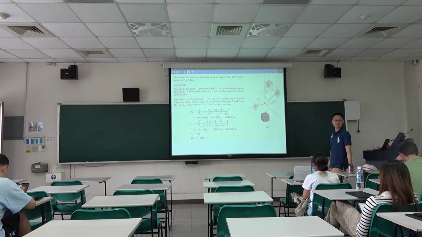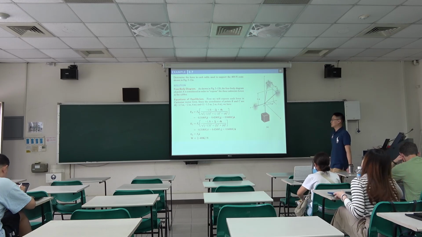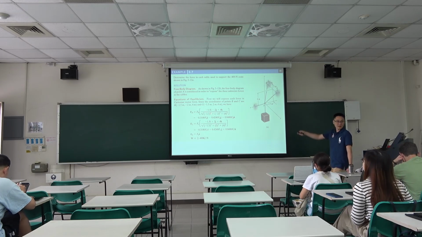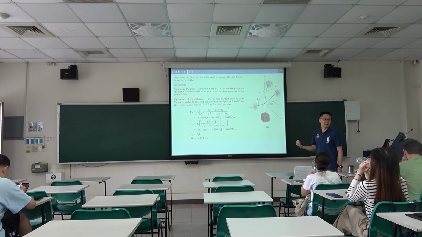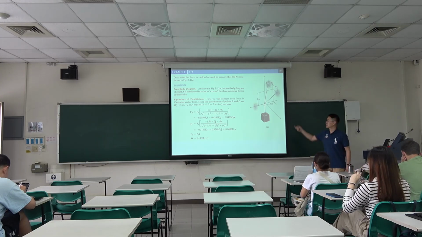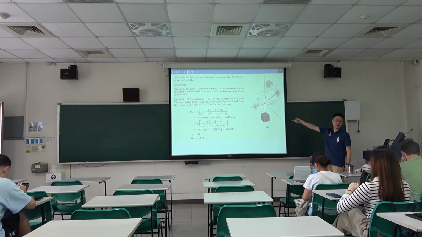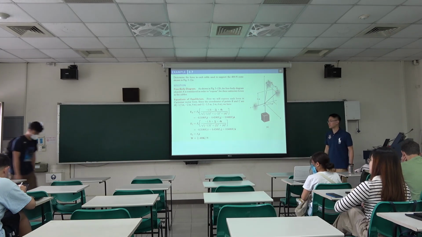But to work out the Cartesian vector, we should present the result using force vector. For force vector, we have to find the unit vector for each direction, from A to B, from A to C, and from A to D.